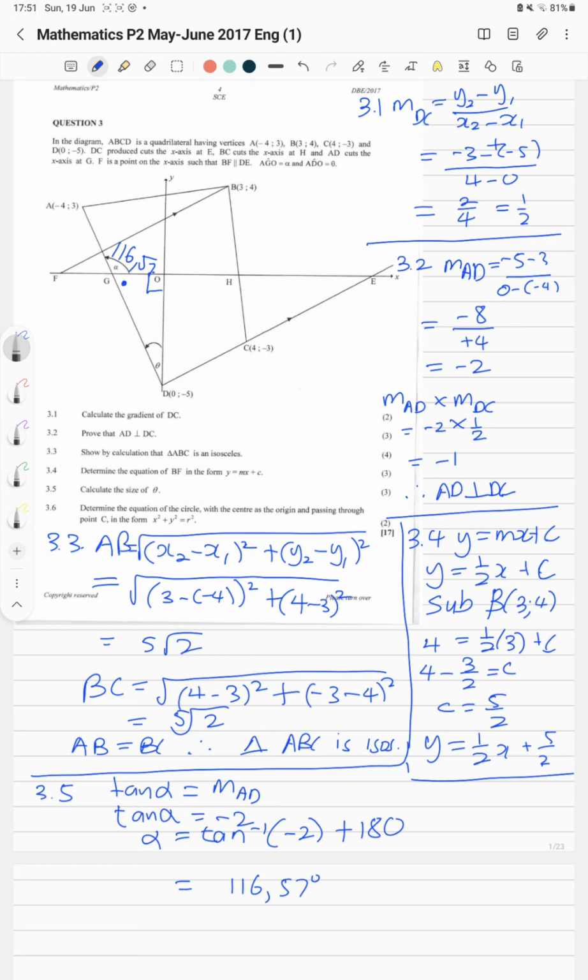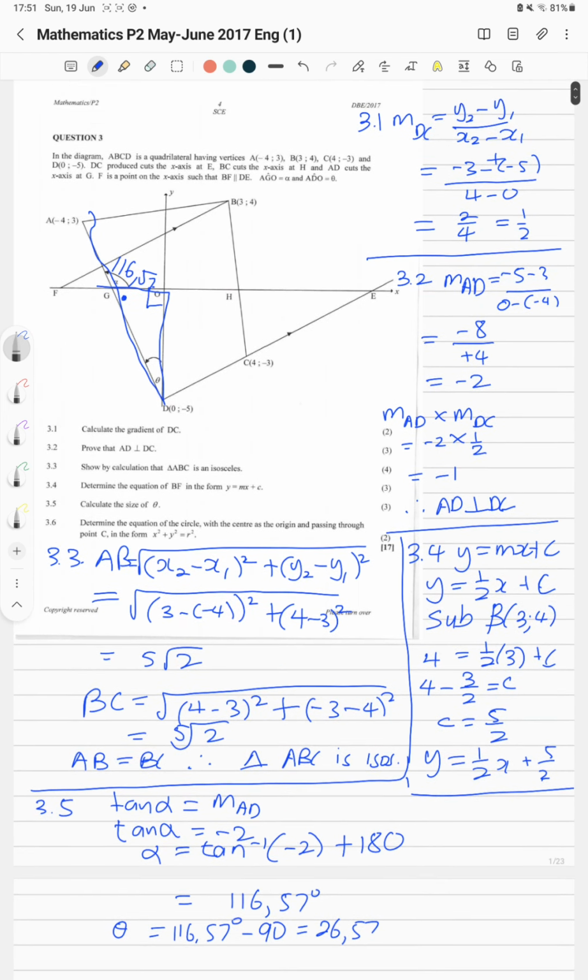Or there's another property that alpha is an exterior angle to this triangle I'm drawing for you now. 90 plus theta is equal to 116.57. So that means theta would be equal to the exterior angle, 116,57 degrees minus the 90, and that should give you an answer of 26,57. Right, that completes 3.5.